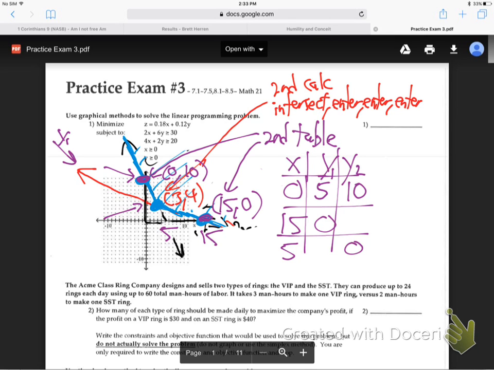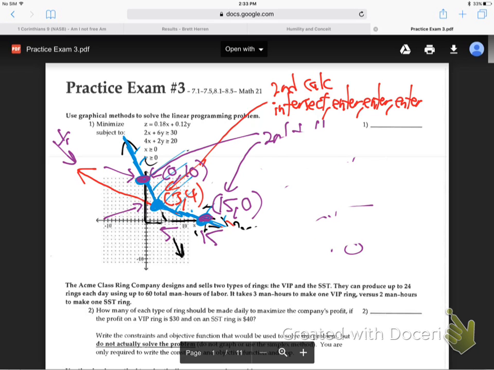Okay, good deal. So we got those 3 points. Now, what's the final thing we do to answer the final part of the question? Plug them in. Yeah, plug them into that Z. So now I'm gonna erase all this so you got that down. We're trying to minimize, and what are we trying to minimize?